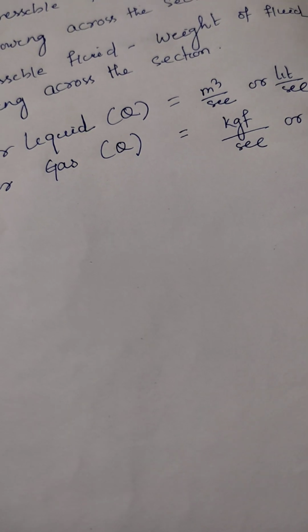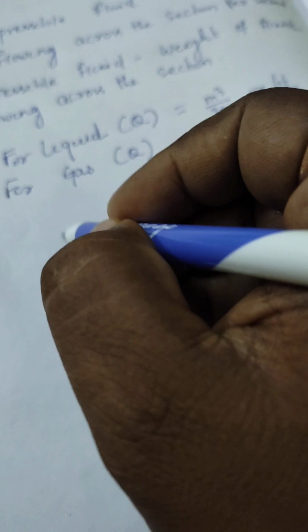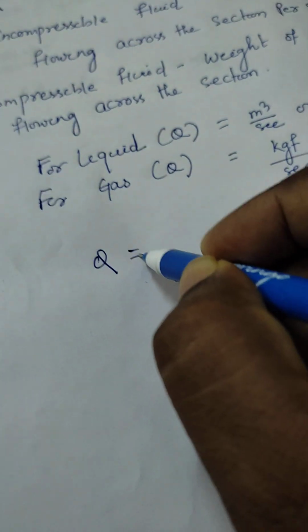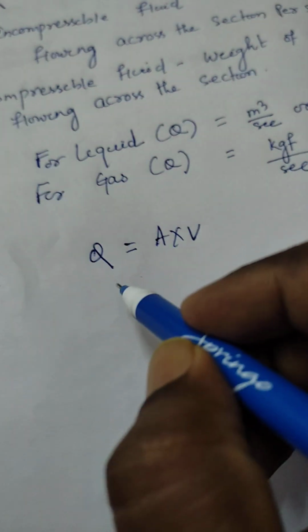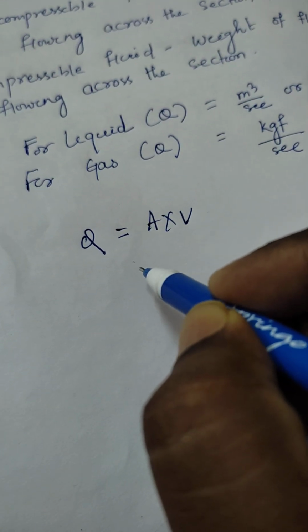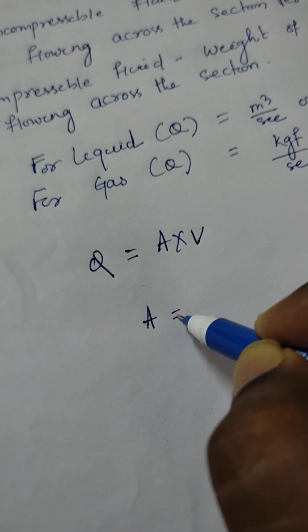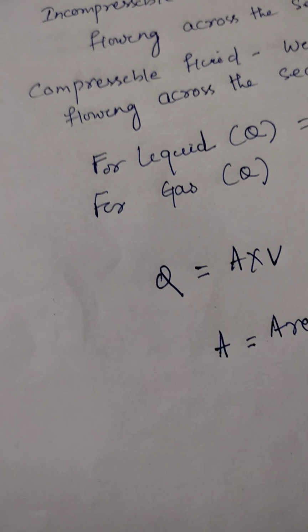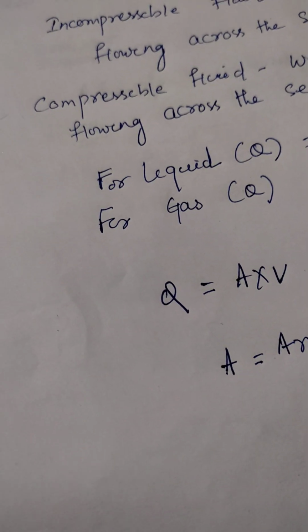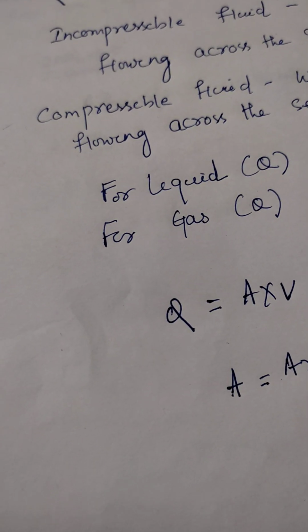So how can we measure? First we need its formula. The formula for discharge is Q equal to A into V. A equal to what? Area of the pipe or channel.